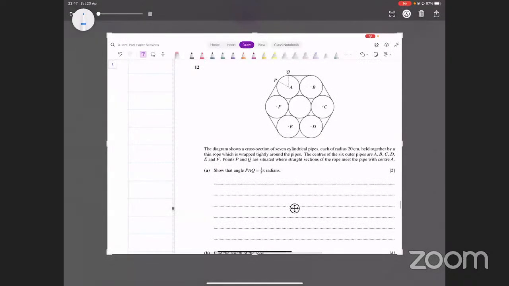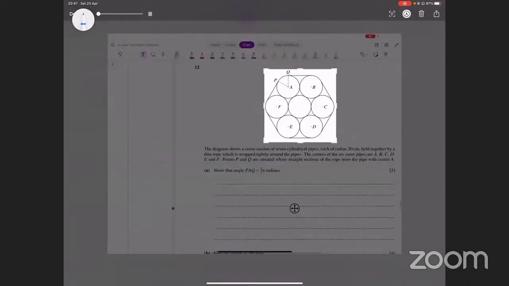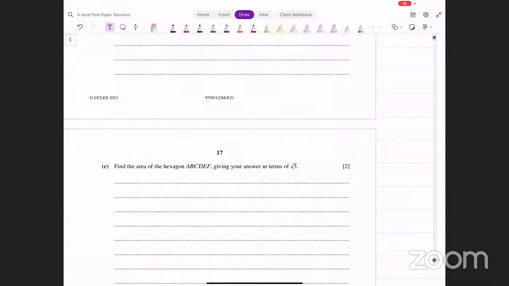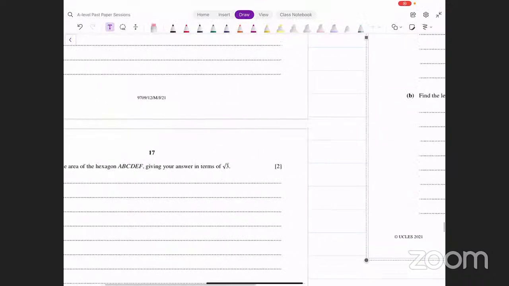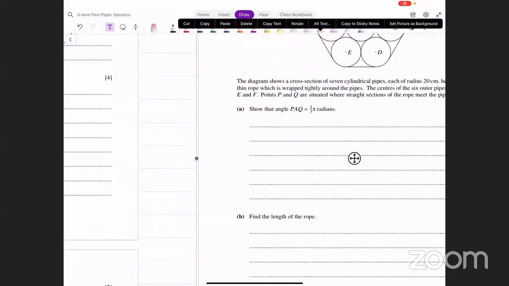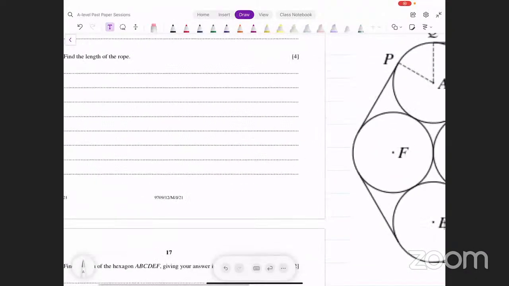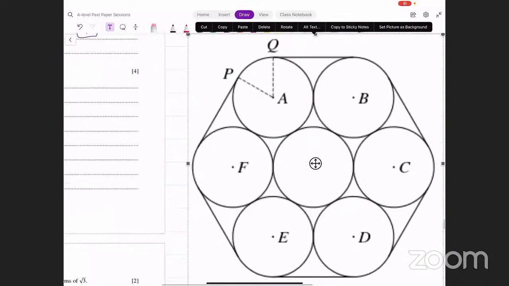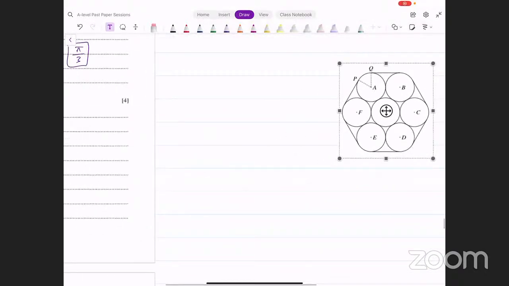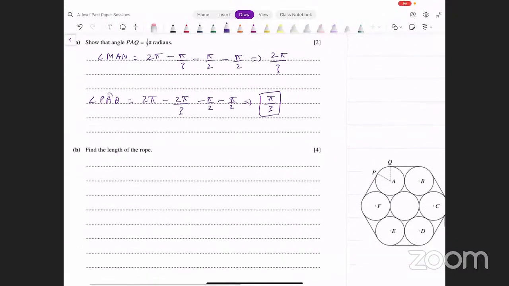Okay, उस पे बहुत clutter हो गया. This is the figure that we've got. We've got to find the length of the rope.